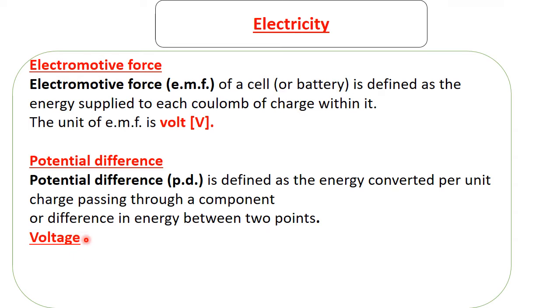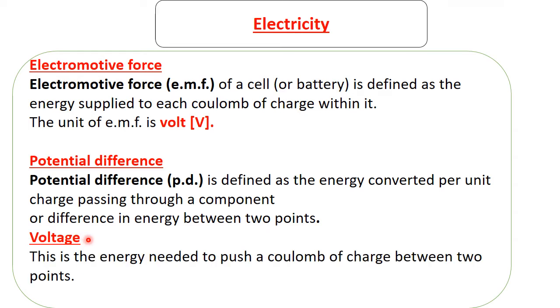The next one is voltage. Voltage is just the energy needed to push a coulomb of charge between 2 points, regardless of the location of the points. Electromotive force is concerned with how much energy the battery or the cell provides.